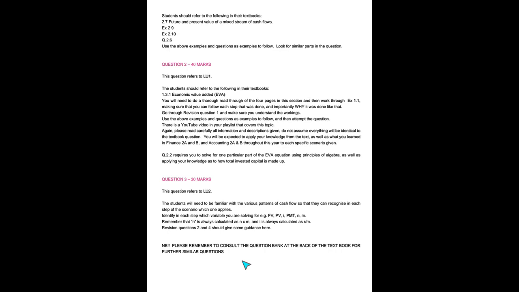So you can see all we're using in that question 3 are those simple formulas: future value formula, present value formula of a lump sum, and future value of an annuity. But we have to recognize in a case study like this what formula I need to calculate what I need to know at each step through the scenario.